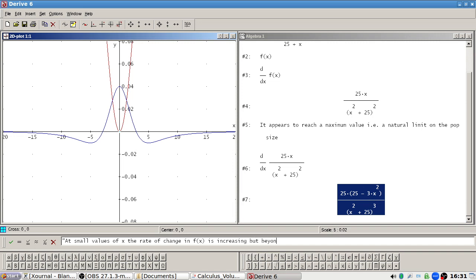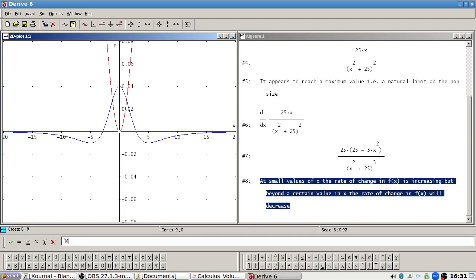But beyond a certain value of x, the rate of change in f(x) will decrease. A limiting effect kicks in and causes the population to level off.